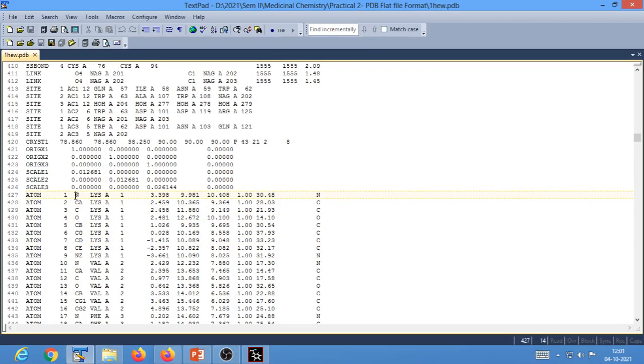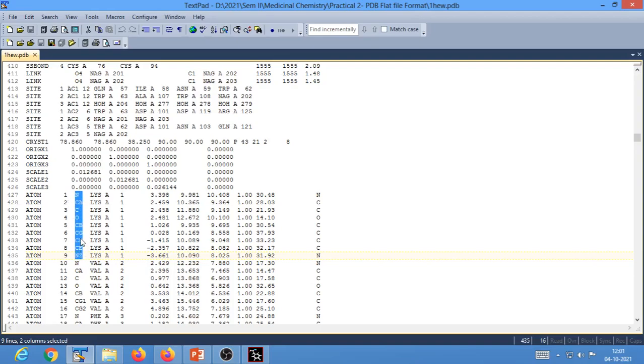After this ATOM line there is a column with the letters N, CA, C, CB, CG, CD, CE, and NZ. This particular column corresponds to the atoms that are present in your protein molecule.